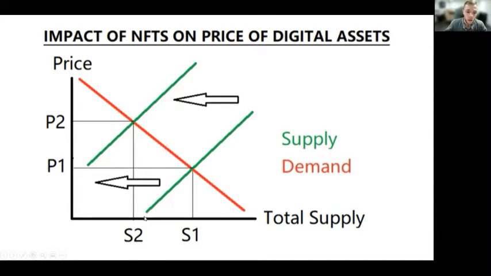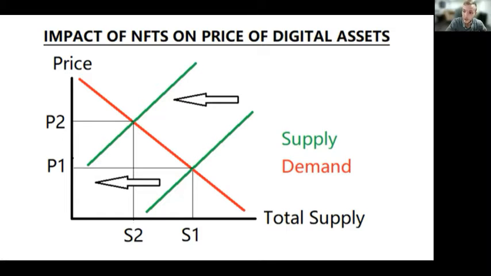And so before, there was a much greater supply of these files and things, and now the supply is being limited by NFTs, and that will inherently raise the price. How much is not the point of this graph.